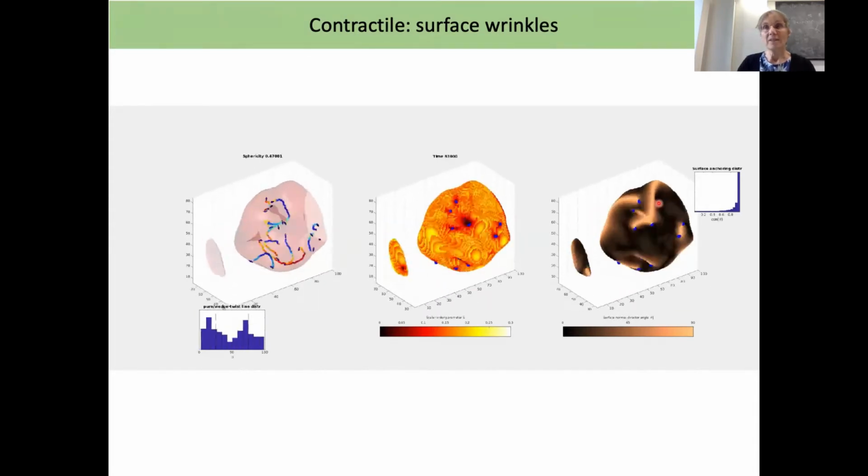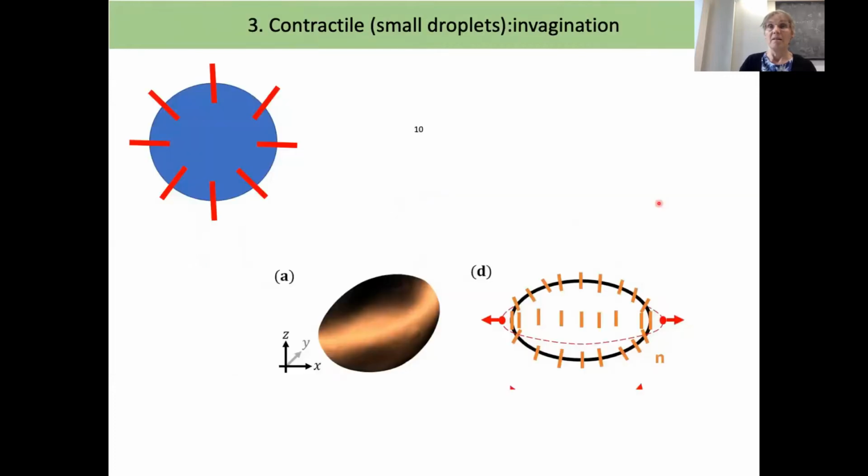If you have a tiny contractile drop, again, you want normal surface anchoring in a contractile drop. But this is really miserable because then in the middle you have a huge energy because you have a hedgehog-like defect. So very quickly this system reorganizes itself so that you have a band of in-plane anchoring around it.